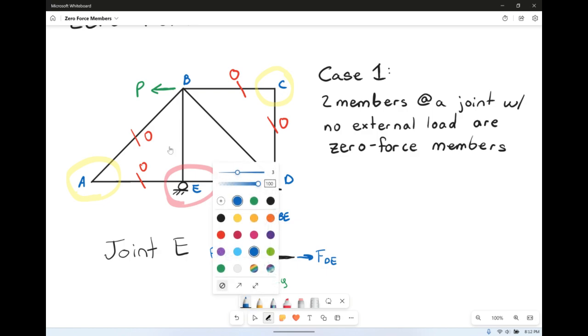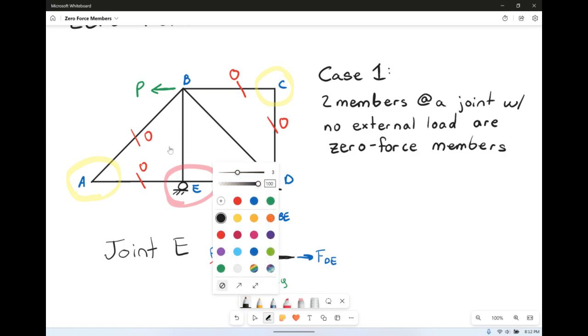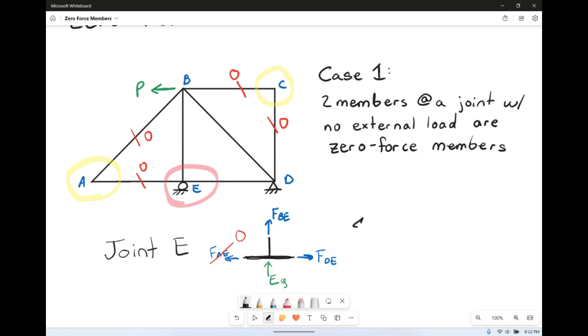Now we already found that AE was 0. So again, if we sum the forces in the x direction and set it equal to 0, we had negative force AE, who was 0, and force DE.